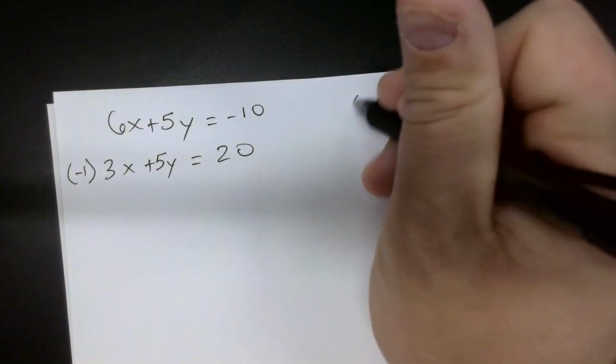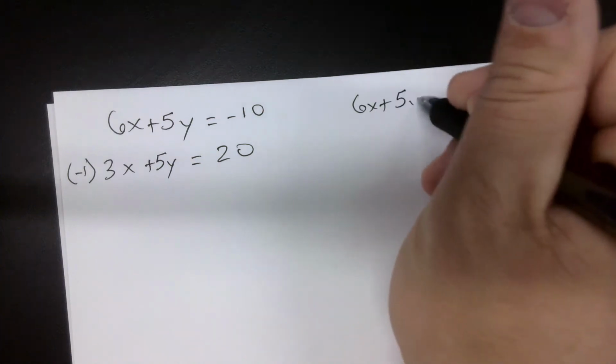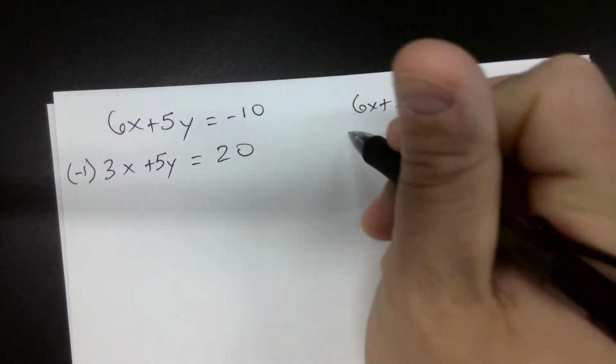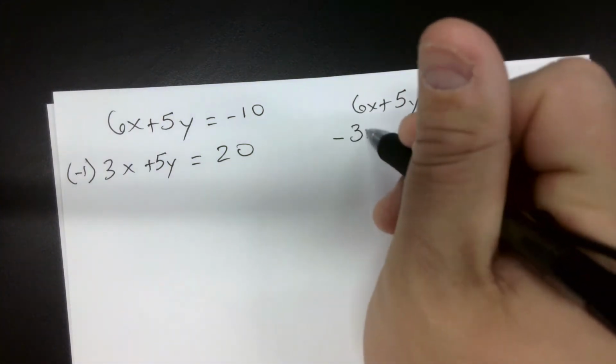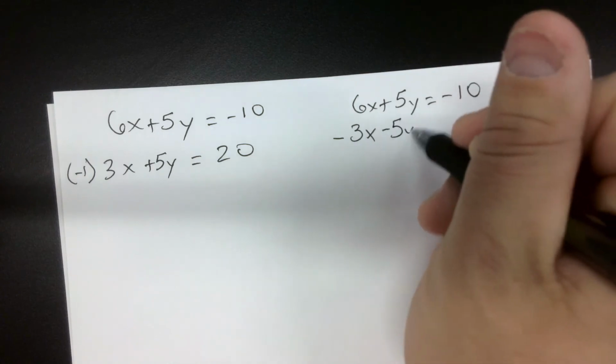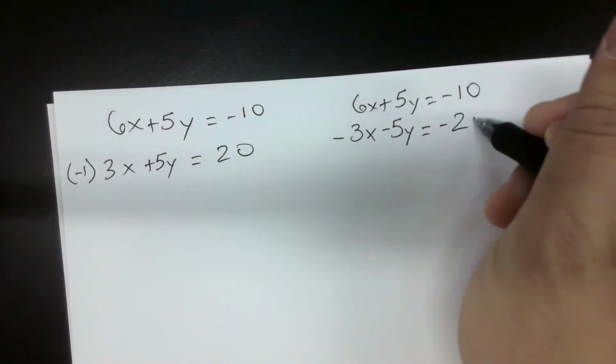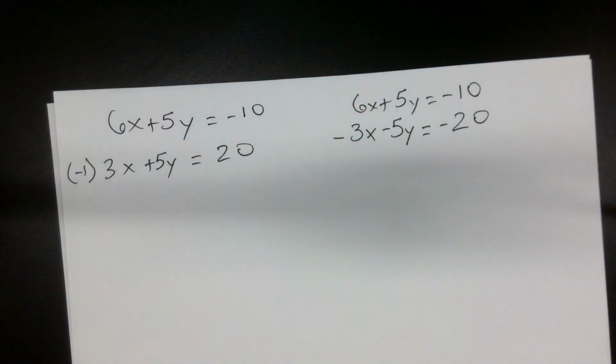So our top equation stays the exact same. The bottom equation now becomes negative 3x minus 5y equals negative 20. So you're just changing the signs of one whole equation.